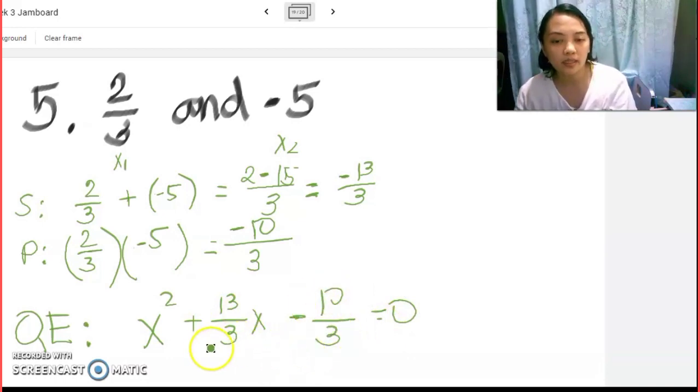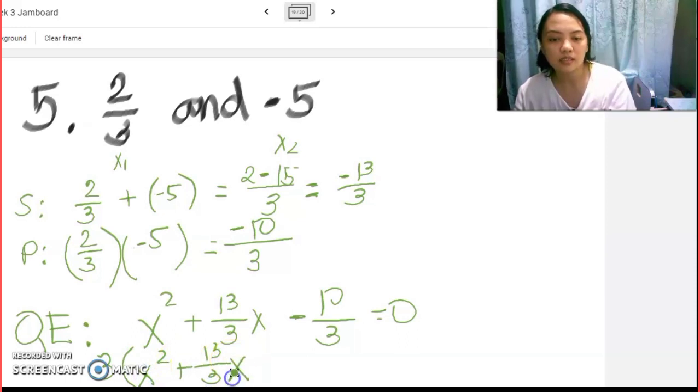So what we do is get the LCD. Since it is 3, we multiply both sides by 3. So we have 3 times x squared plus 13 over 3x minus 10 over 3 equals 3 times 0.